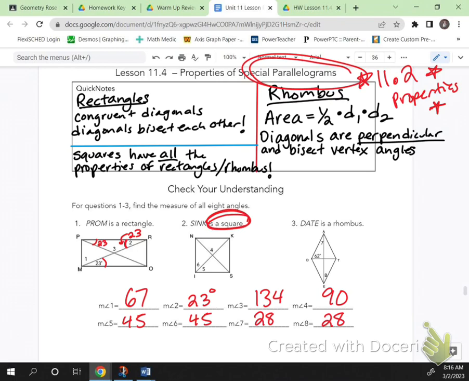Find the other segments. How'd I get 67? No, the whole thing is a right angle. So I did 90 minus 23. They're complementary. Remember that word?